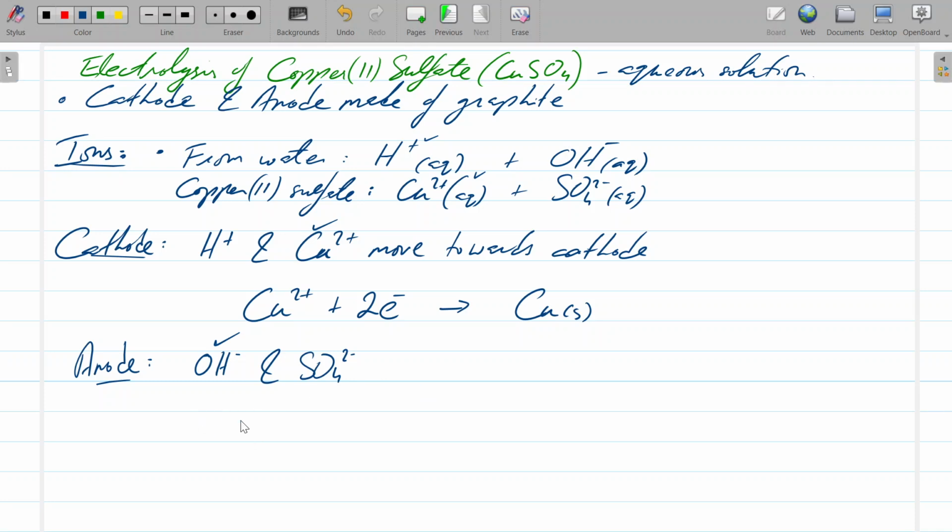So you've got OH minus, aqueous, and that is giving you O2 as a gas plus H2O, and it is giving up electrons. You want to try and balance this? O2 is there, and we don't have O on the other side.